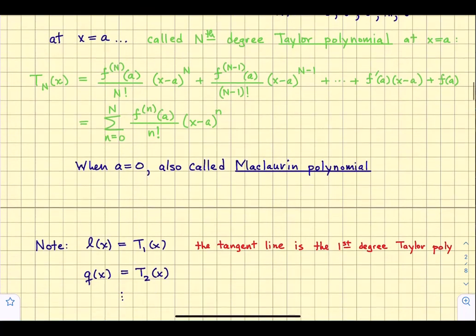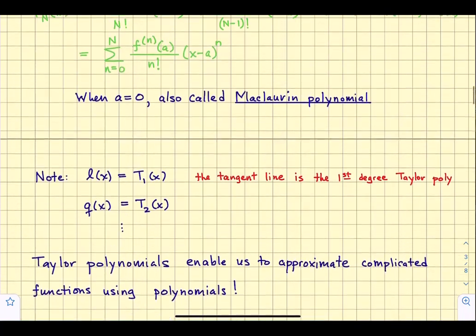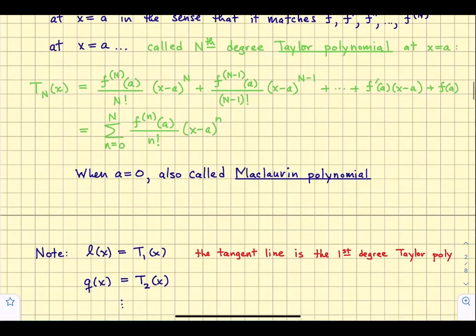Notice that if you were to compute this when capital N is 1, so you're doing the first degree Taylor polynomial, and string this formula out, you would just get our linear approximation from calculus 1.